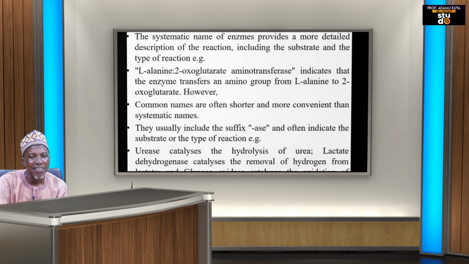Lactate dehydrogenase catalyzes the removal of hydrogen from lactate. So lactate is the substrate, and dehydrogenase is removing hydrogen from lactate and transferring it to pyruvate. Glucose oxidase, from the name, glucose is being oxidized, and the enzyme that is oxidizing it is an oxidase.